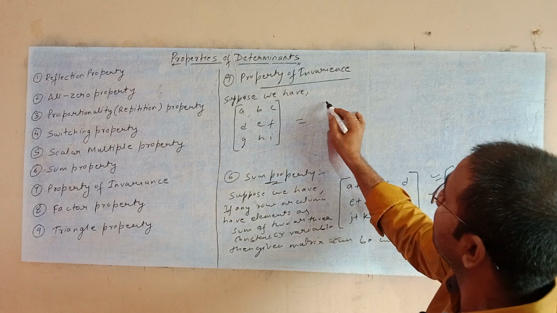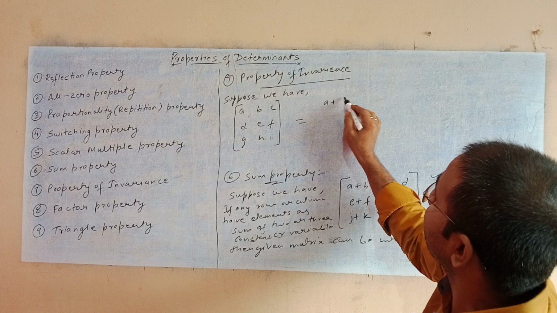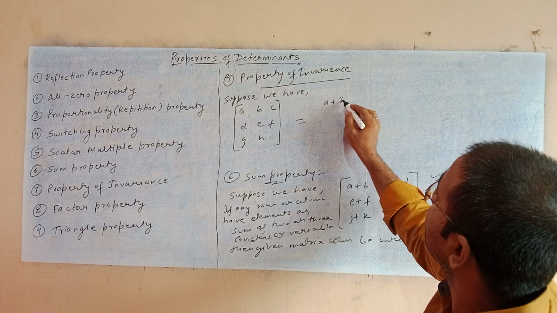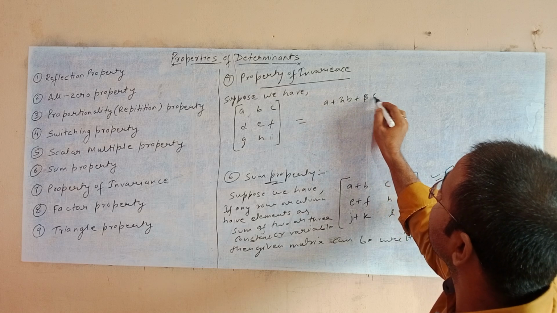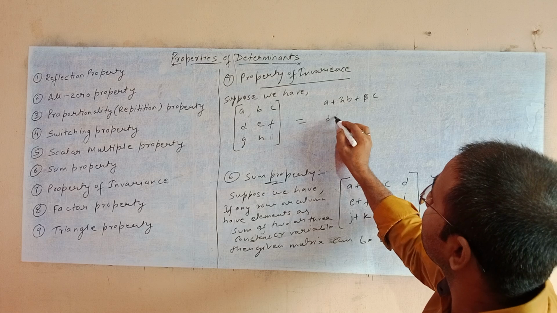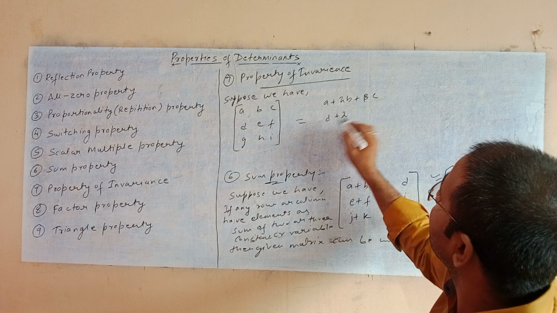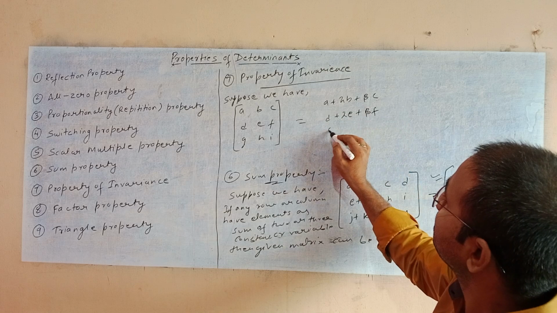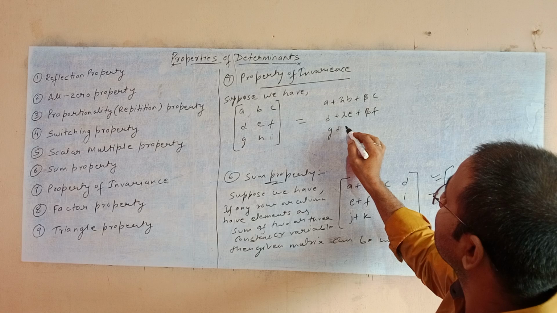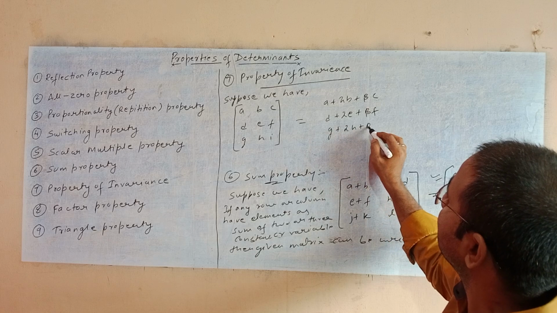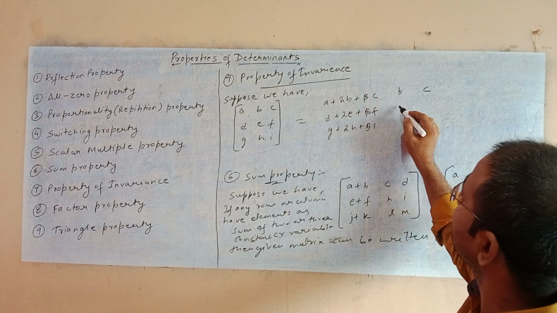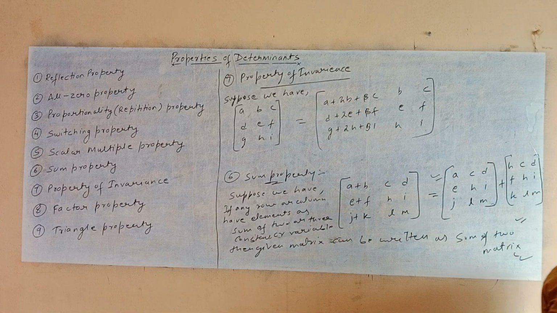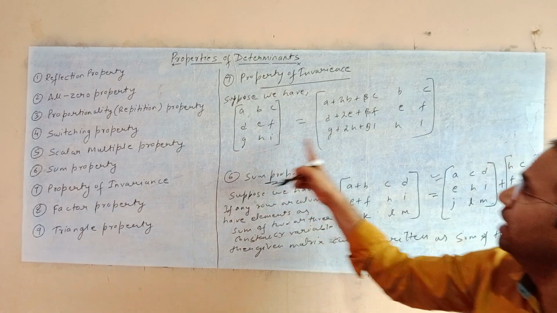Now this matrix can be written as A plus alpha B plus beta C, B, C, D plus alpha E plus beta F, E, F, G plus alpha H plus beta I, H, I. If any matrix you have, then you can write the given matrix as this one.